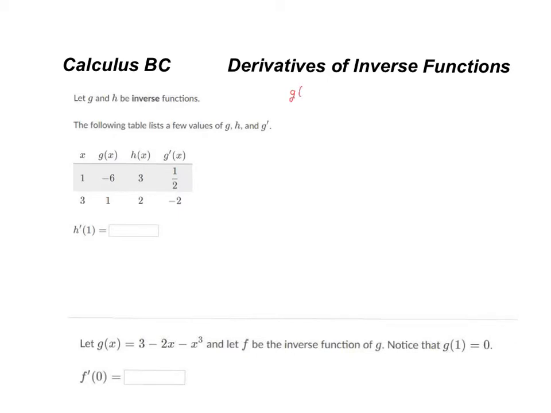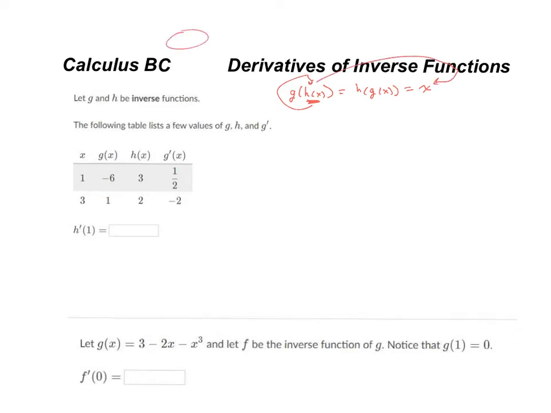So g of h of x would equal h of g of x would equal x for h and g being inverse functions. Whatever h does to x, you take that result and drop it into g, and g will undo it, giving us back x.